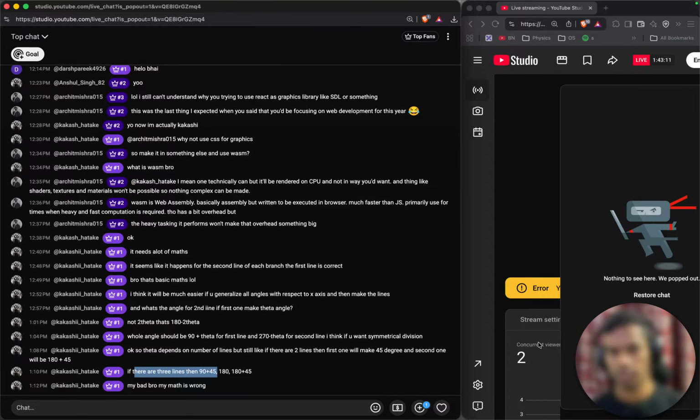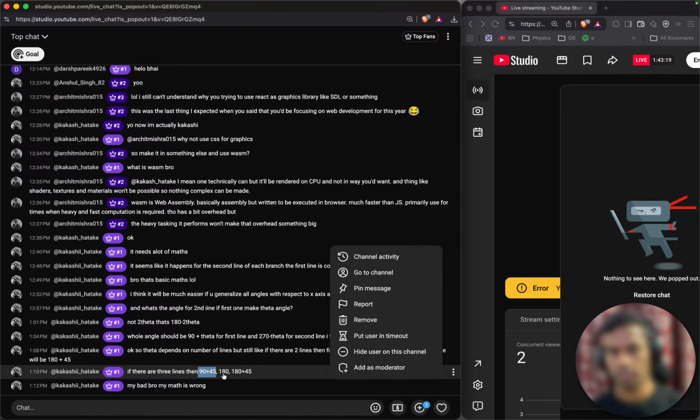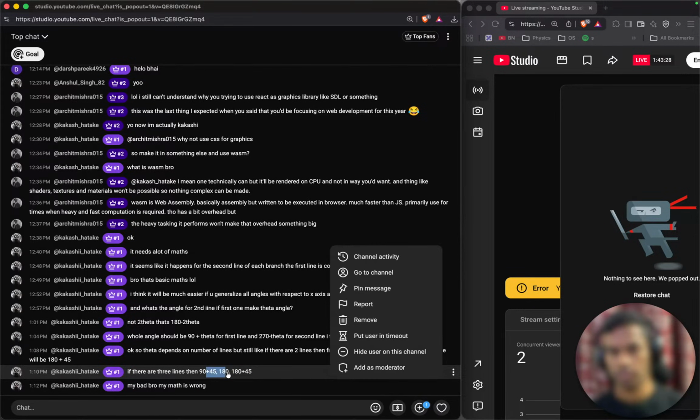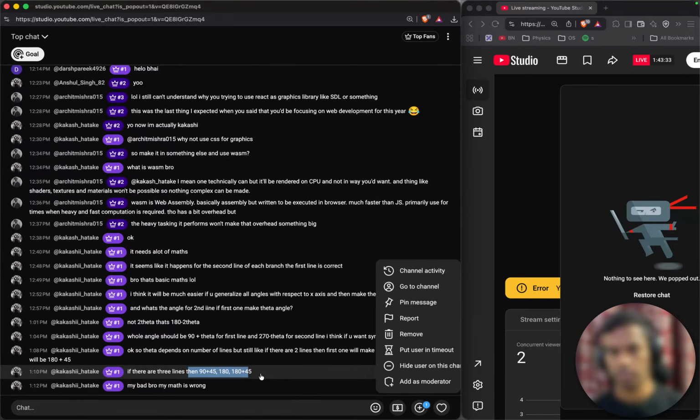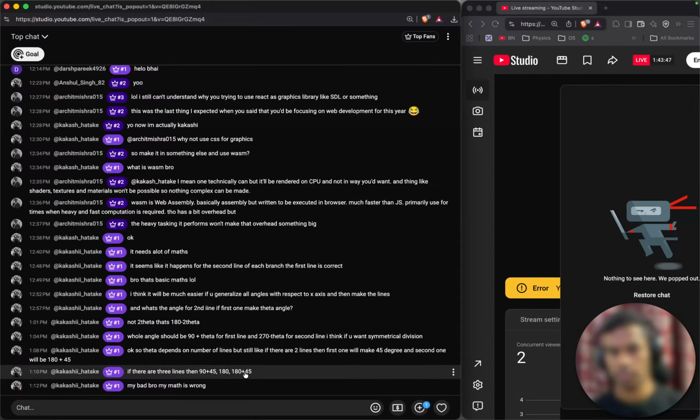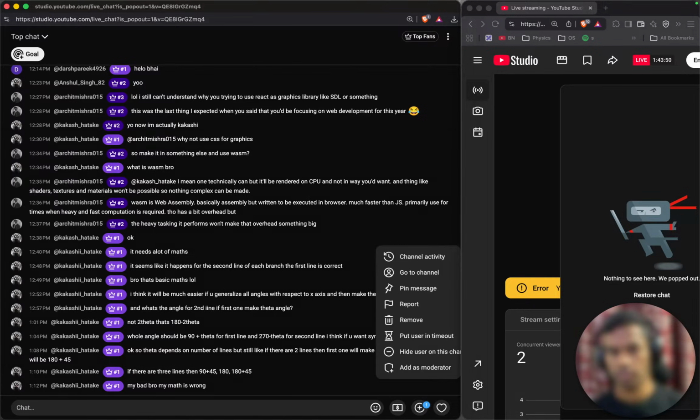Then the angle would be 45 and 180 plus 45. Wait, no. Yes. Bro, my math is wrong. No, this is fine. This is correct. The first line would be at 135, the second line would be at 135 plus 45, 180, and the last line would be at 180 plus 45.